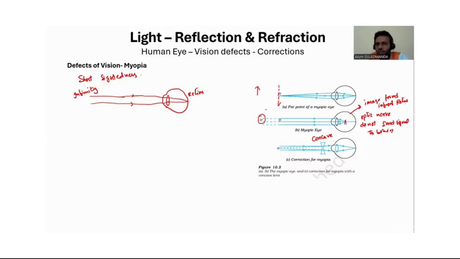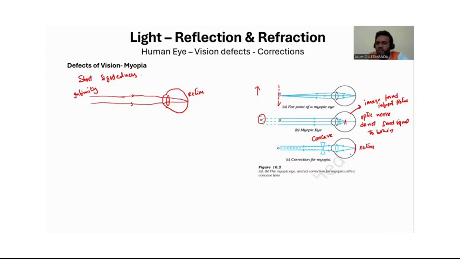So here, from infinity, in the myopic eye, what is happening? The image is forming in front of the retina. With the help of the concave lens, we will diverge that. We slightly diverge the direction of the rays, and then they are incident in such a way that we ensure the image is formed on the retina, right?